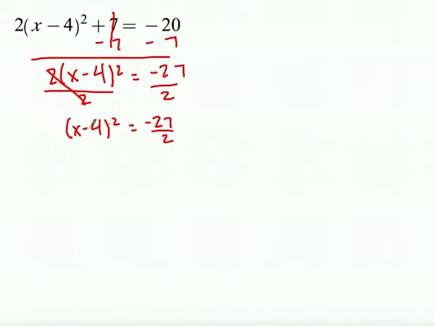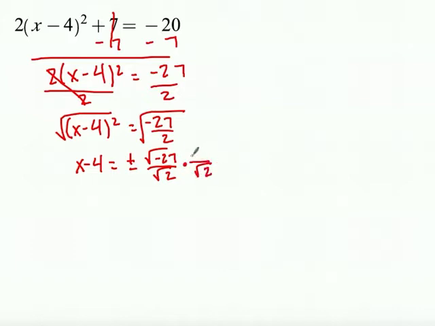Then I want to get rid of this squared, so I'm going to square root both sides. That gives me x minus 4 equals plus or minus. When I have a square root of a fraction, I'm going to do square root of the top over square root of the bottom. Remember, though, that I can't have a square root on the bottom, so I'm going to rationalize that denominator, which we haven't done in a while.